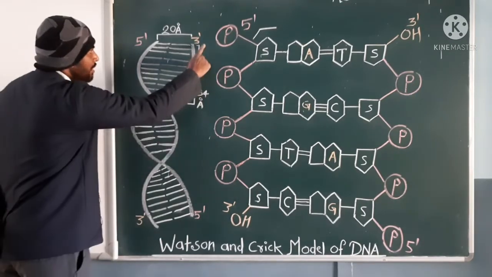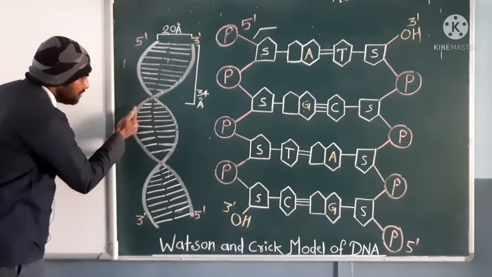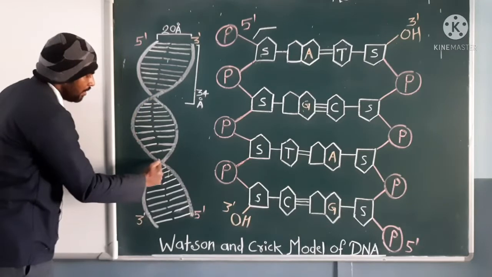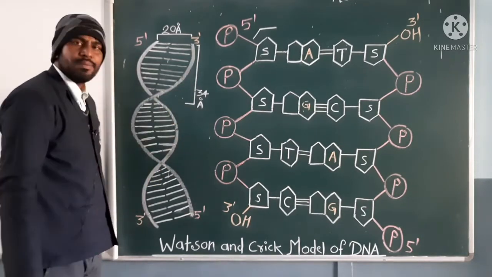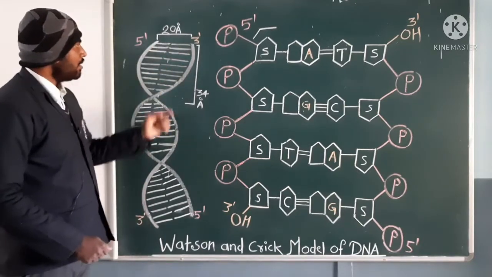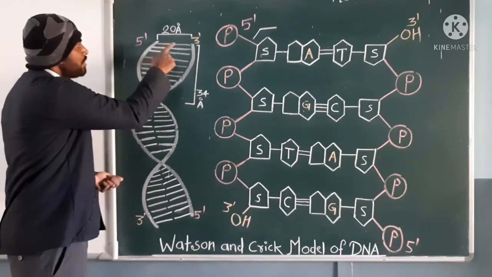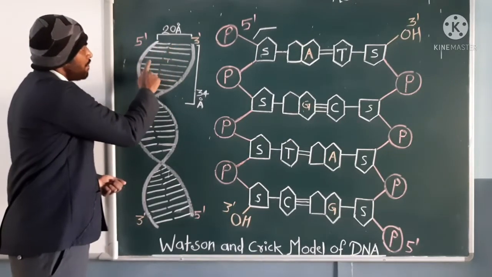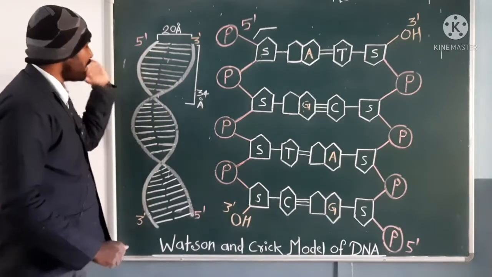That means this length, where the DNA strand is just about to change its curling, is approximately 34 angstrom, and within this length 10 nitrogenous bases are present. That means 10 nitrogenous base pairs are situated in this helix structure.